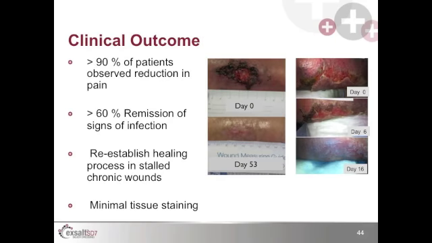This prospective, open-label, non-blinded clinical evaluation of 50 patients with a variety of wounds, including diabetic neuropathy, ischemic ulcers, venous stasis ulcer, pressure ulcers, trauma, and surgical wounds, was conducted in multiple outpatient facilities across the U.S. Of the 41 patients experiencing some level of pain associated with their wound at the beginning of the study, 93% responded with on average a 76% reduction in their pain after treatment with the new silver oxysalt wound dressing.